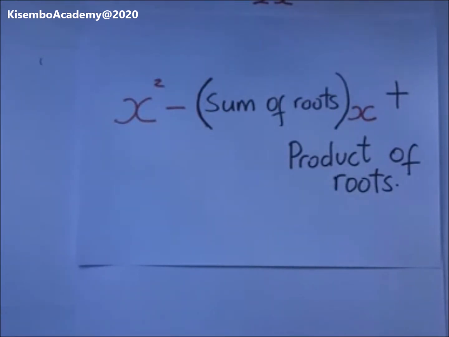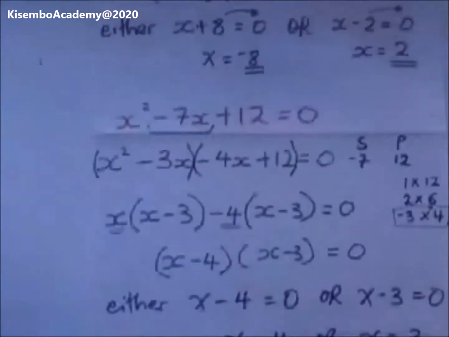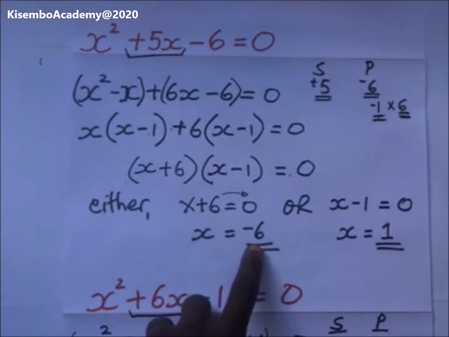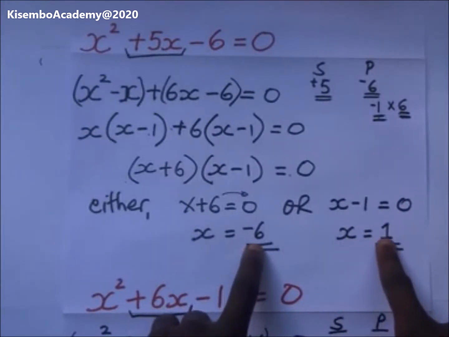But before we demonstrate it, let's look at one of the numbers we have done and try to follow through. If you look at this number we just did in one of our earlier videos, we've been given the root of 6 and the root of 1.